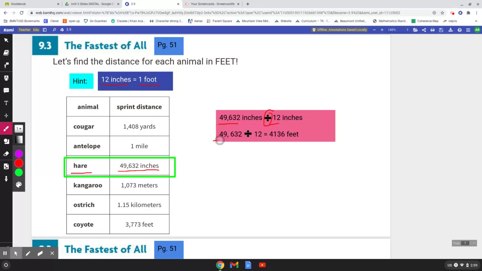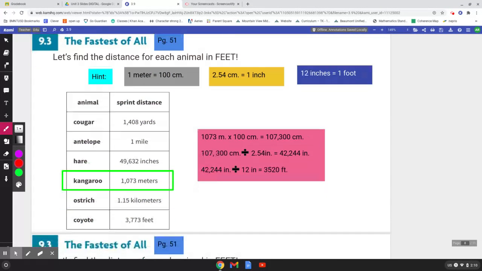And then when we divide those, we get 4,136 feet, which is what we want. We want them all in feet. Okay, so you should write down what you see there in the pink box and also next to the animal in feet. So the next one down is the kangaroo.